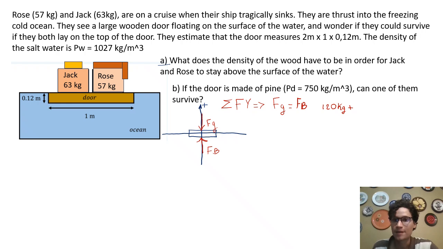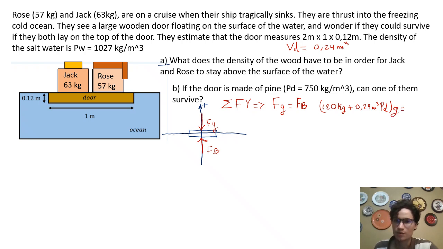The weight of the door is the volume of the door, which is 0.24 meters cubed, times the density of the wood, multiplied by gravity.